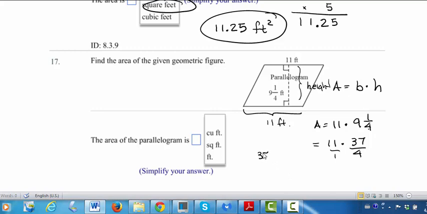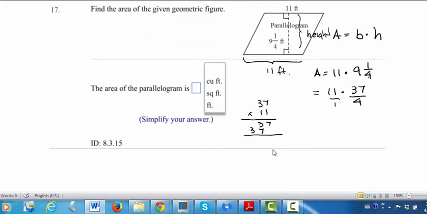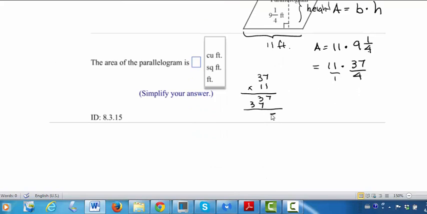So if I take 37 times 11, I get 407. So I have 407 over 4.